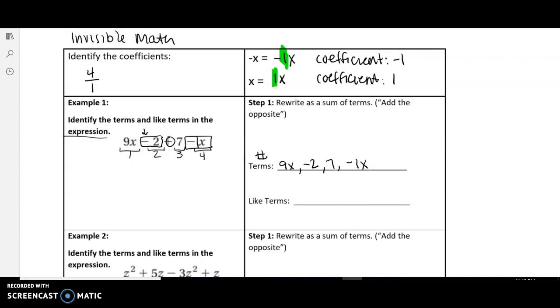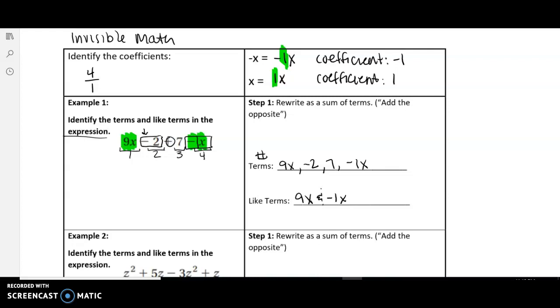When we have like terms, our like terms have the same variable, which is a letter. So if they have the same letter next to them, like this one has 9x and this one has -1x, since they both have an x, these terms are alike. So 9x and then -1x, those are like terms.